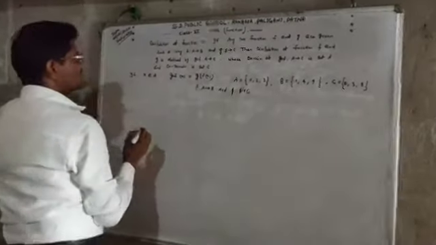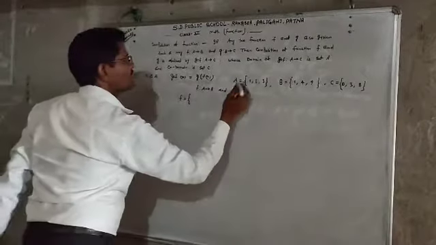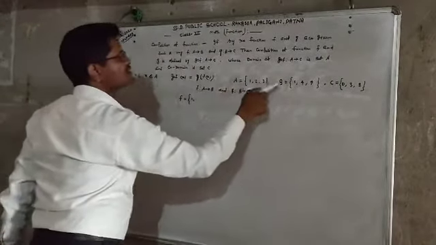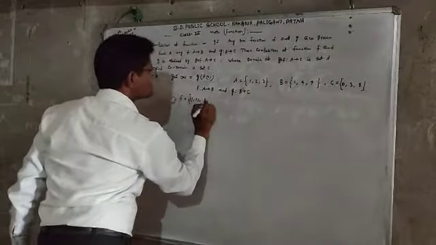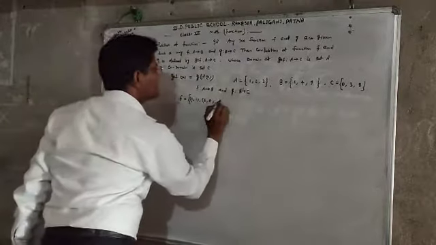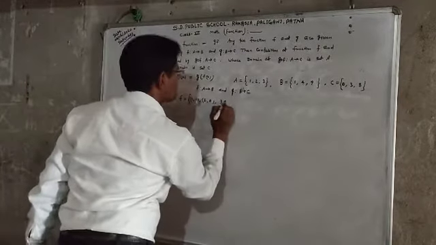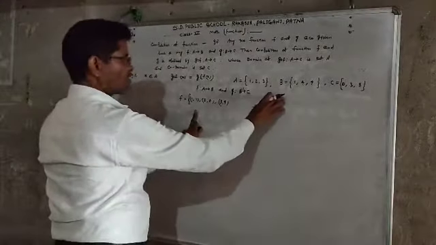The functions are given such that f is defined as: element 1 is related with 1, element 2 is related with 4, element 3 is related with 9. It is one-one and onto also.